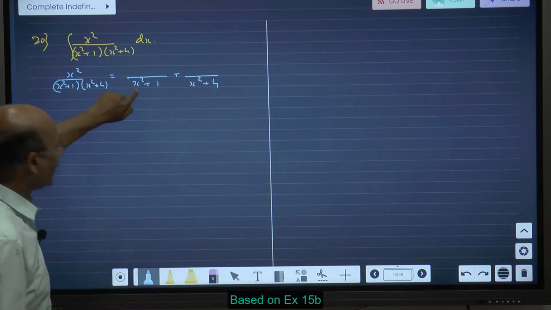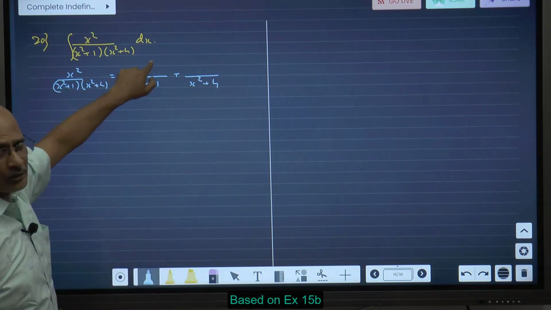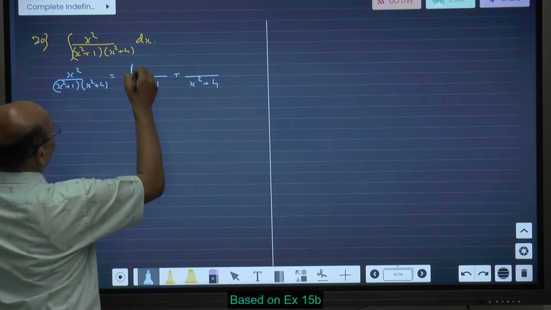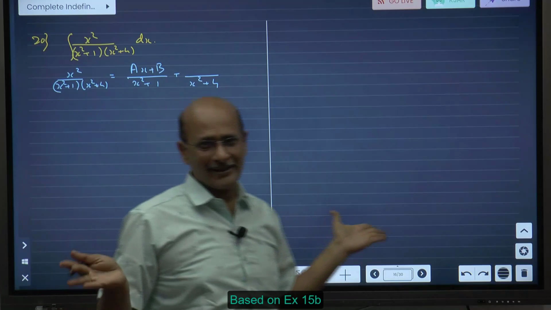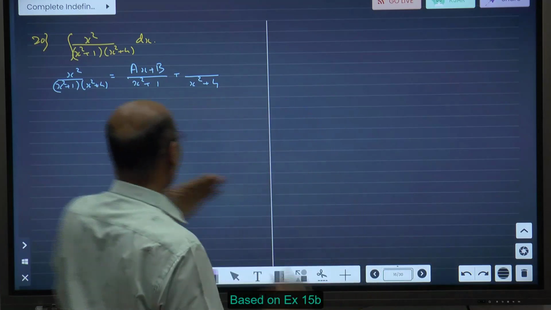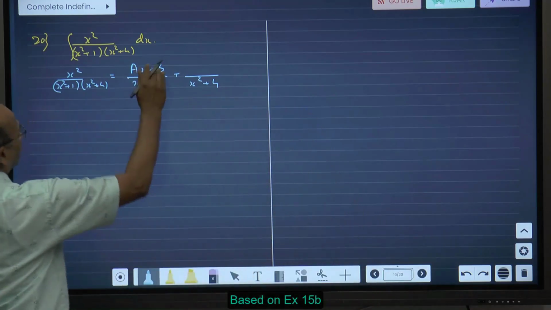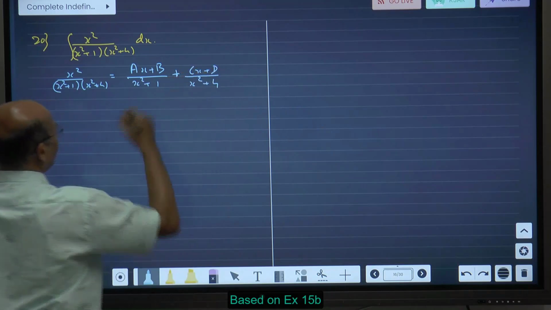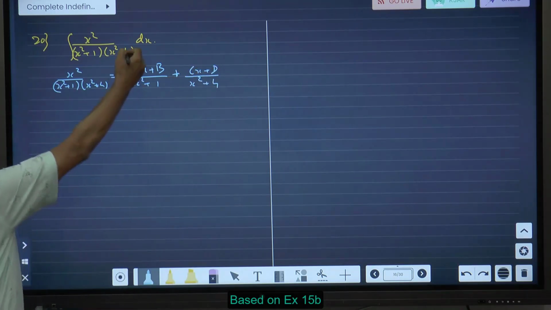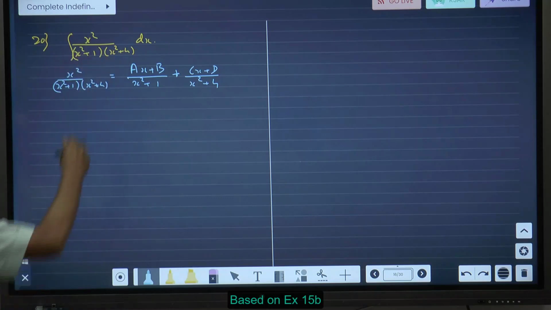Now as it is a square, you will not write only one constant. If it is one degree less, you write ax plus b. Basic logic is basic mathematics. I am not explaining, I hope you know that. So ax plus b plus cx plus d, because when I divide x square, the quotient will be one degree less, so that's why I wrote that.